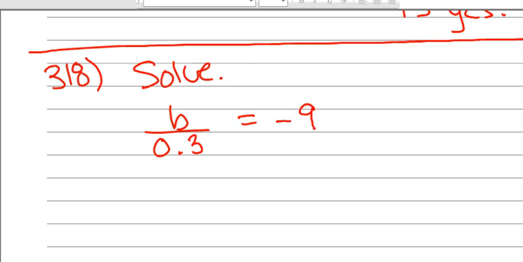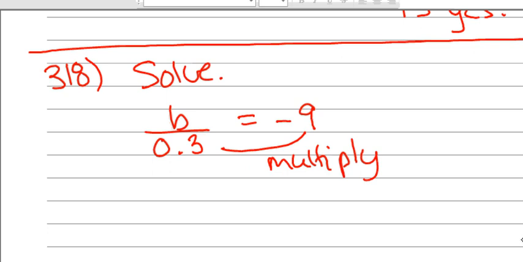And I do believe that we had some problems like these with whole numbers. I think there was even one on the Exam 2 review and Exam 2. So the only thing you have to do here, if you remember, is just multiply these two. That's all you got to do, and that'll give you b. That's kind of a shortcut.